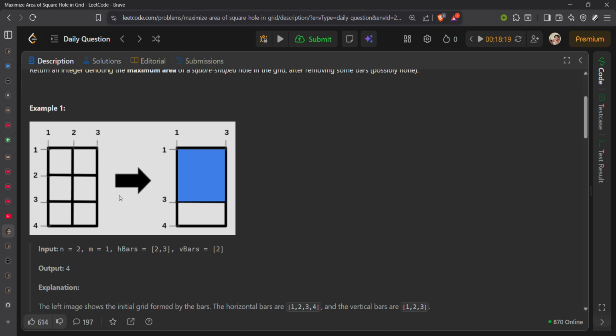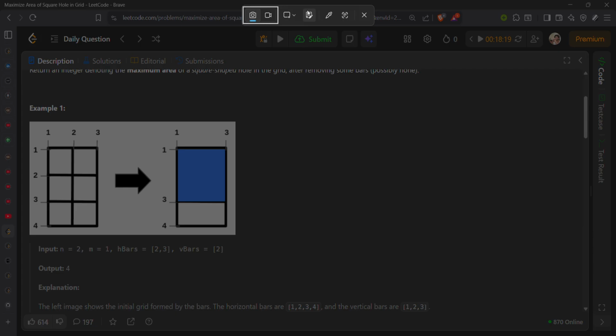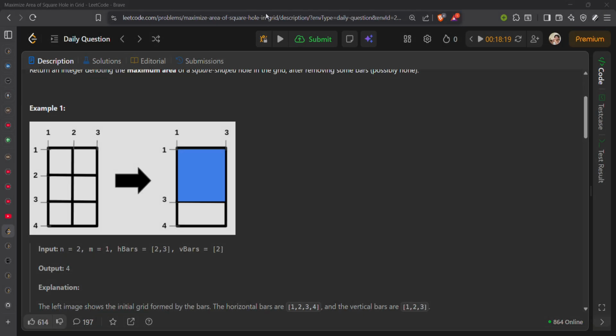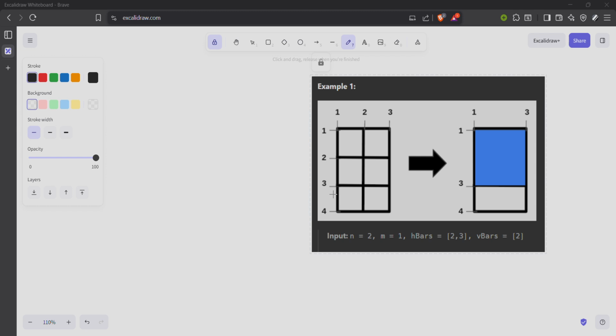Okay, so for this question, let me just screenshot it. In this question, we have h bars 2 comma 3, v bar 2. Basically, what it means, let me write it down.